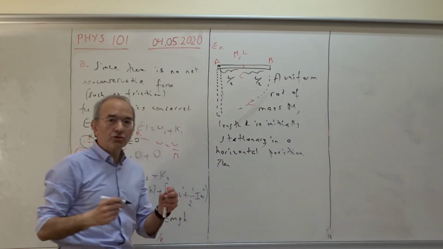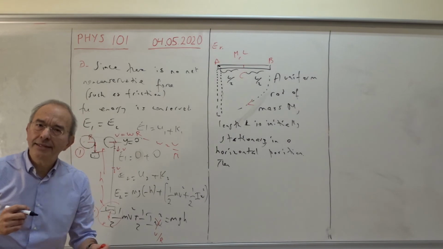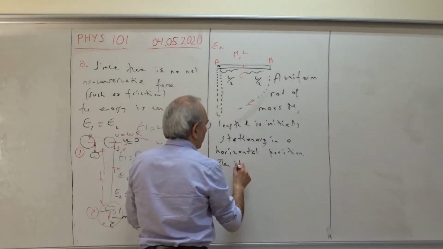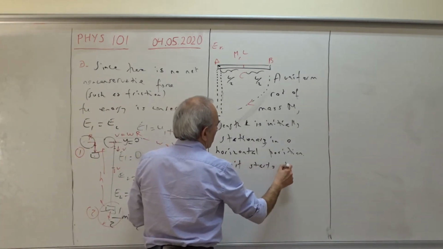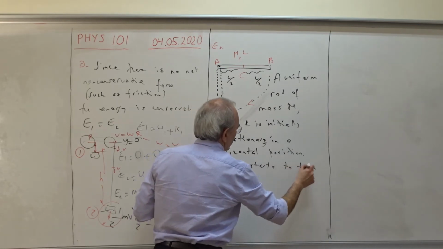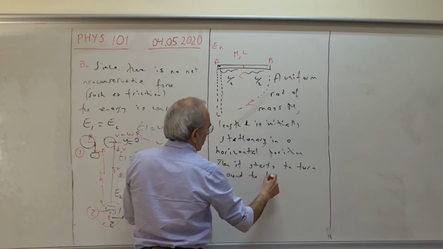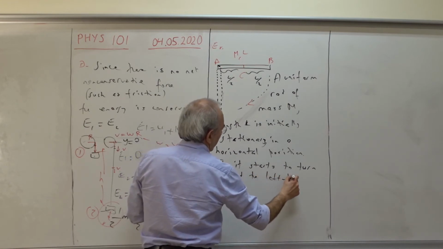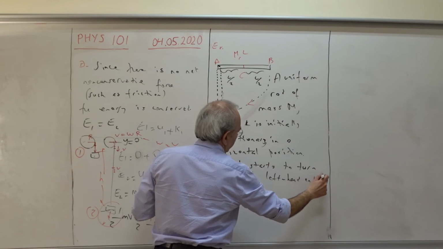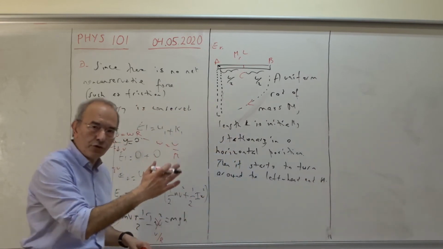Then it starts to turn around the left-hand end, point A, in a vertical plane.